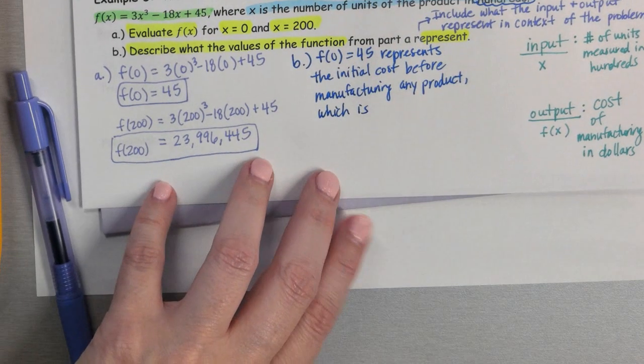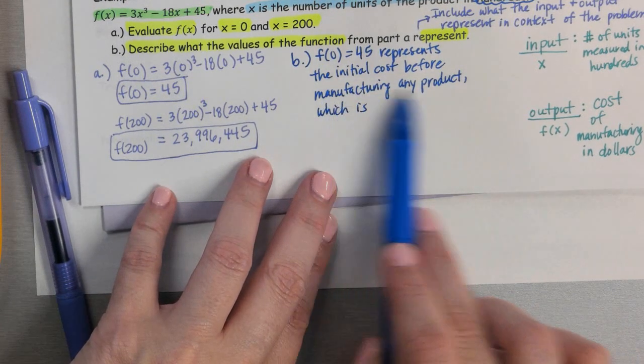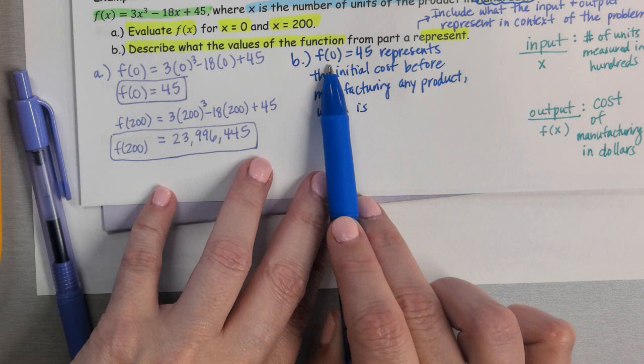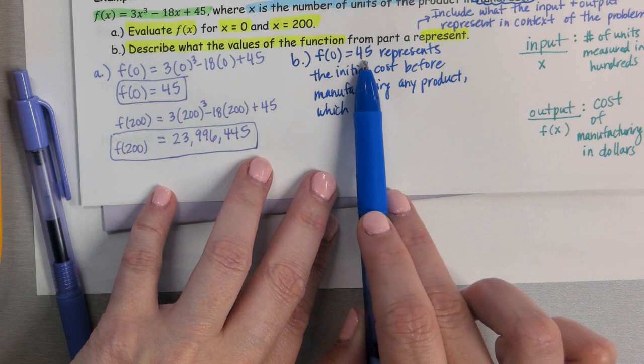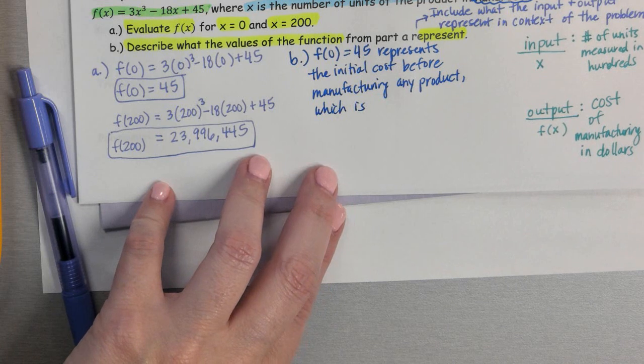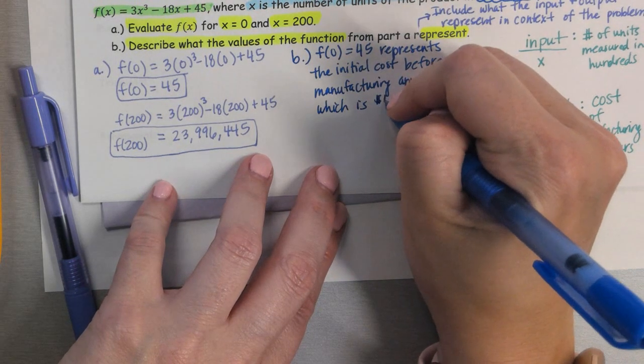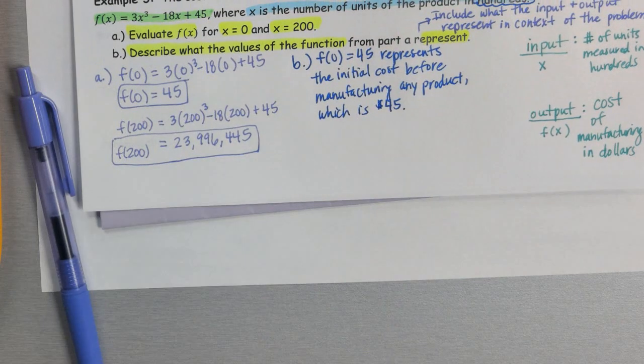The output tells us that that initial cost is what? $45. So f of 0 equals 45 represents the initial cost before manufacturing any product, which is $45.